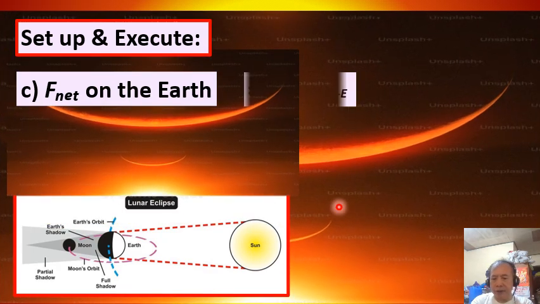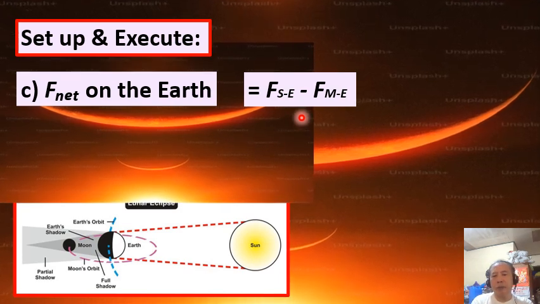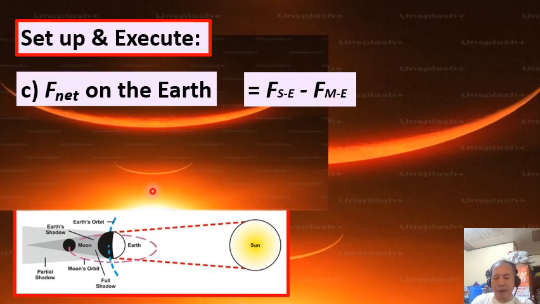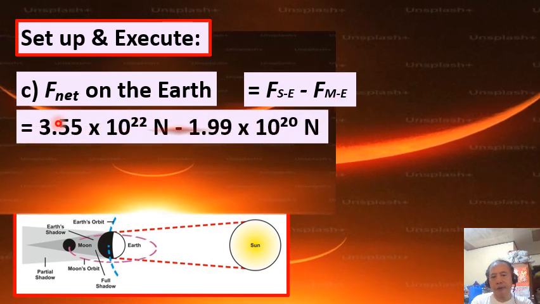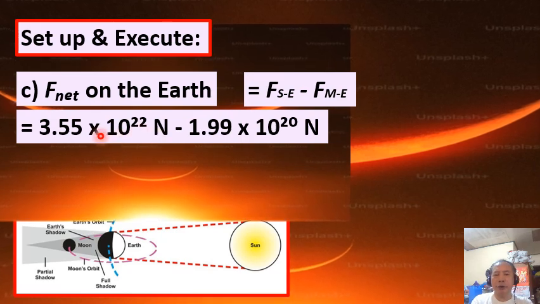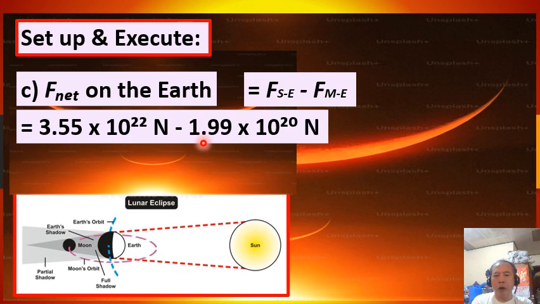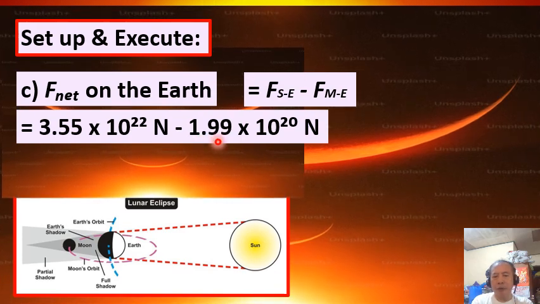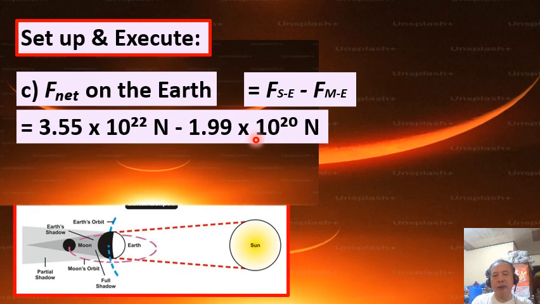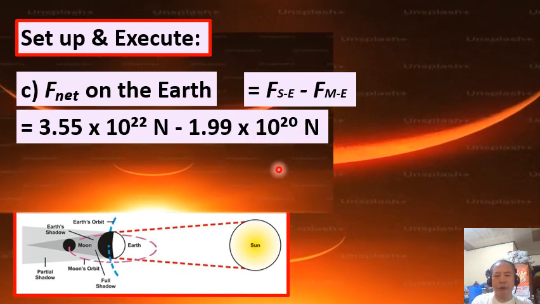That is, the F net is just the difference between F sub SE and F sub ME. That is, F net equals 3.55 times 10 to the 22nd power Newton, the force of attraction of the sun on the Earth, minus 1.99 times 10 to the 20th power Newton, the magnitude of the force exerted by the moon on the Earth.